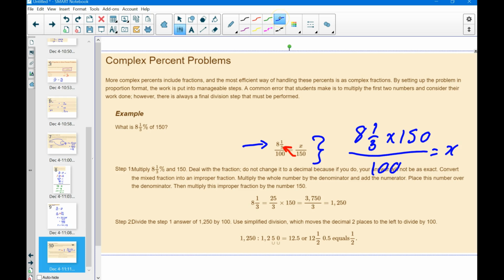We're all good? So, but then we're looking at 150 times 8 and 1/3. I hate that. So what do we do? Best thing to do is turn it into an improper fraction. So take the 8 1/3 and turn it into 25/3.